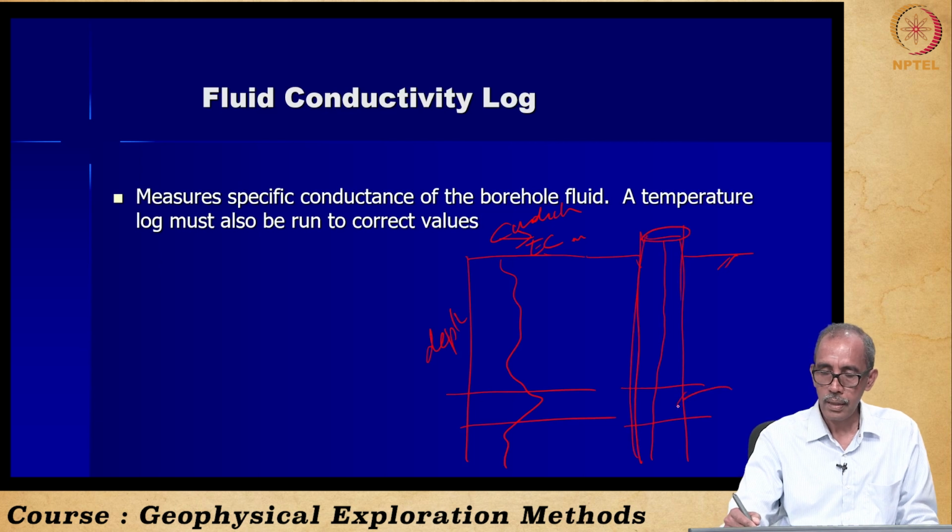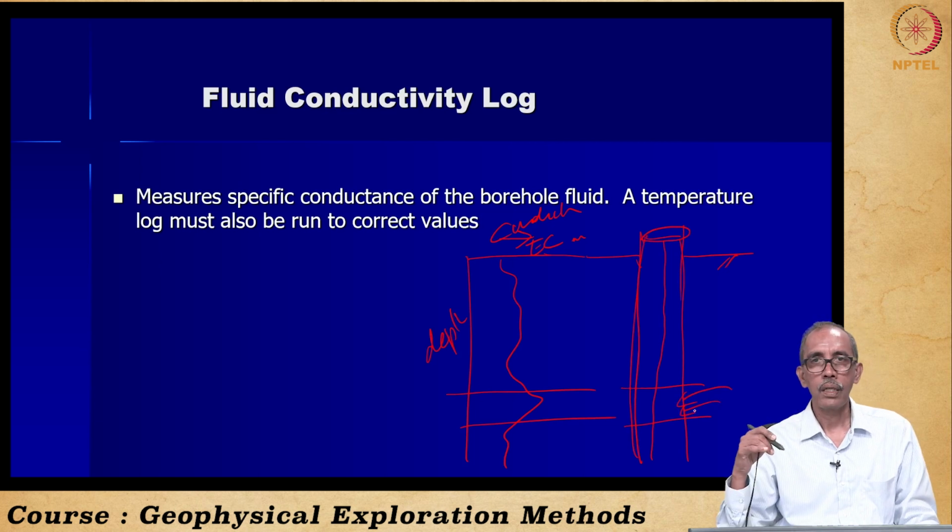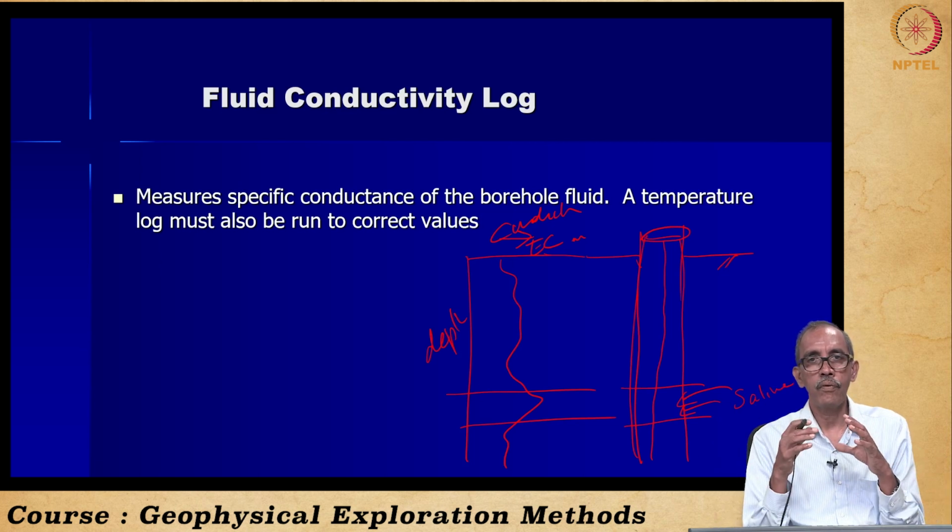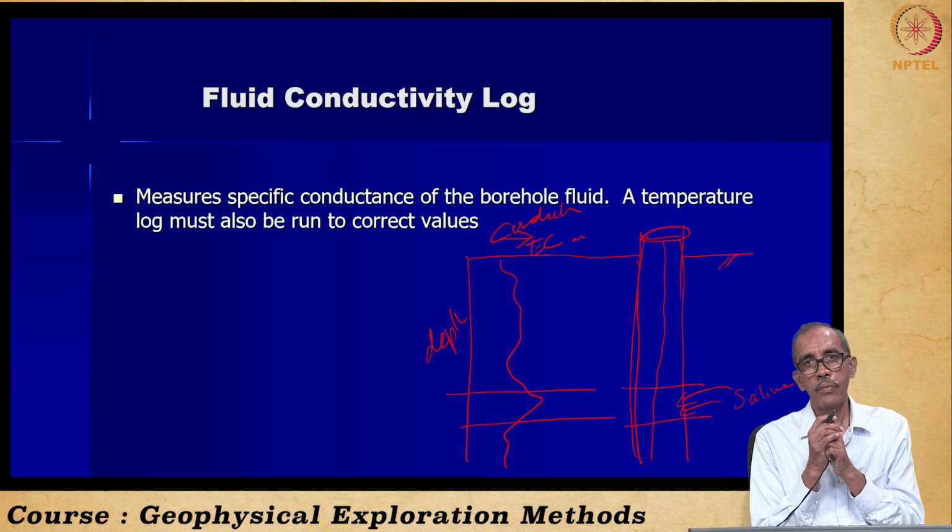Probably the external groundwater flux is much more here. The water comparatively has a different water quality. That means conductivity increases at this particular depth, probably indicating influx of saline water into the borehole. It cannot completely invade, it dilutes the mud.